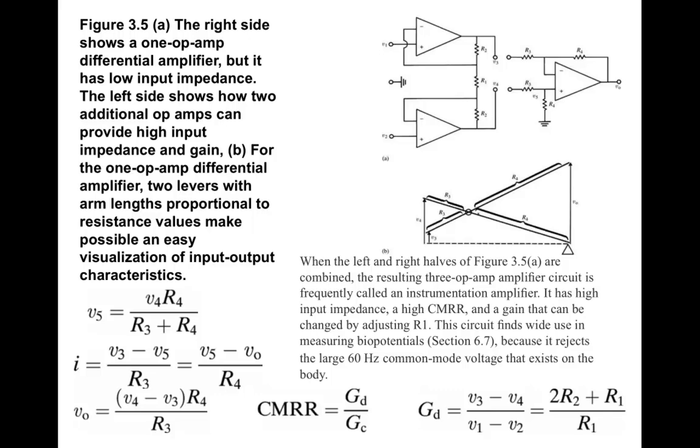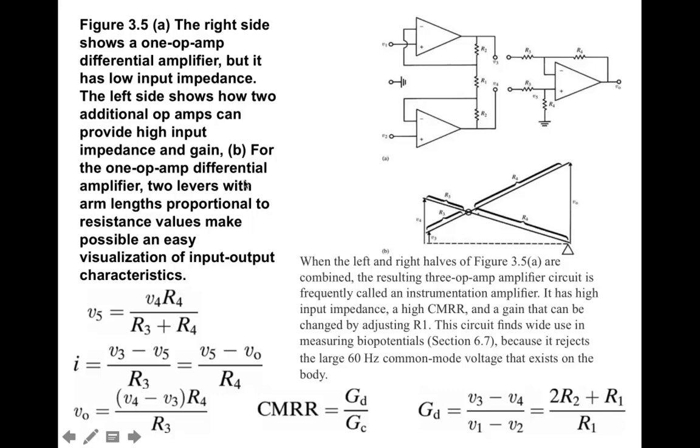So what is often done is the circuit on the left side is used initially because it's sort of like a follower circuit with a selected resistance on the output. And so this circuit is used initially to give a high input impedance and gain, and then it's combined with the 1 amp amplifier so that you basically then provide the difference amplification.